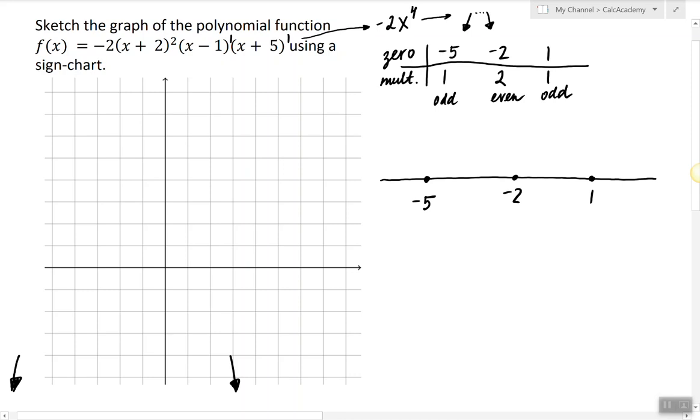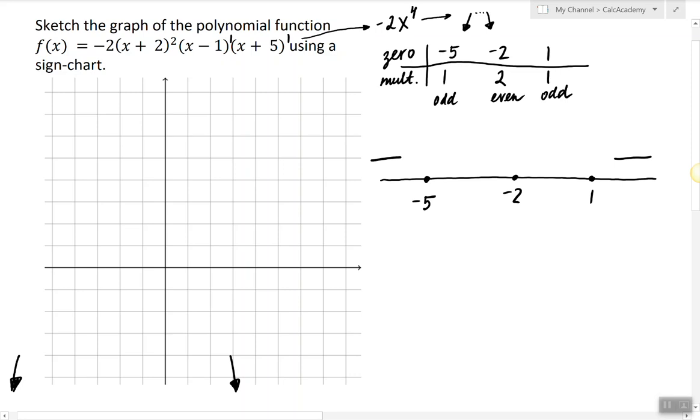And then we look at the end behavior and we label the sign of the function on the very right end of this interval and at the leftmost interval. So in this case, since the function is going down, that means the sign of the function will be negative on the right and on the left.